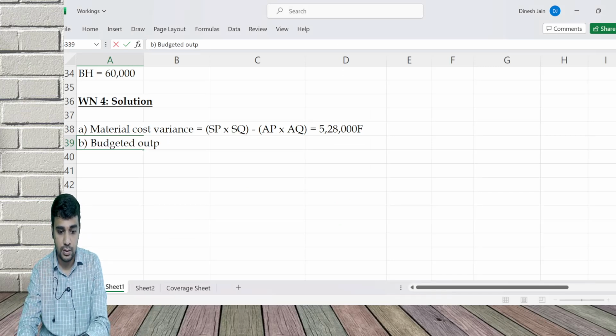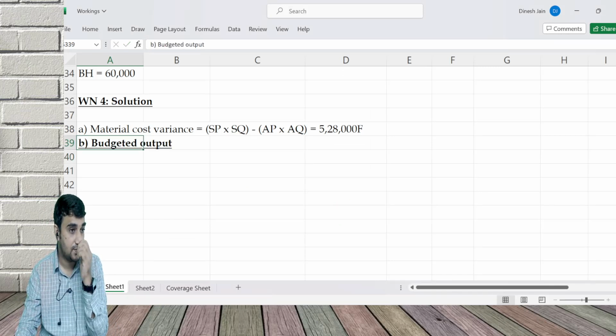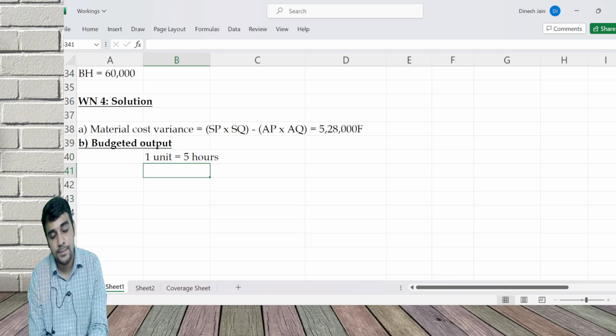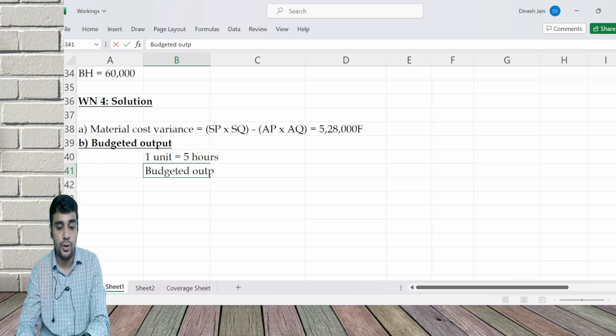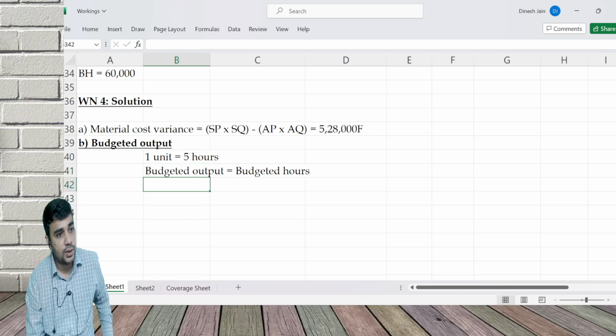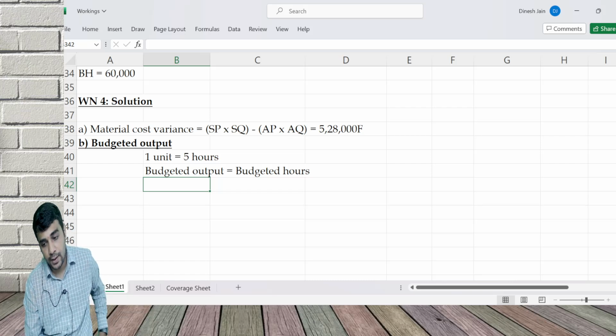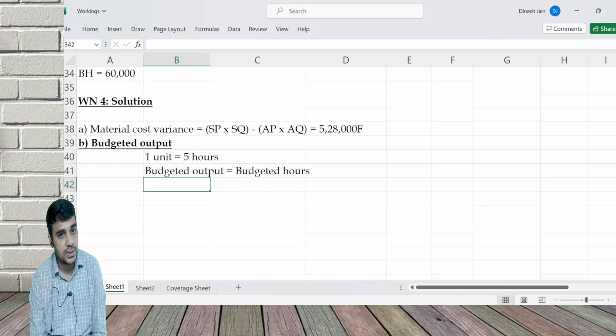Budgeted output. What's the standard equation? Now write 1 unit equal to 5 hours. Budgeted output equal to budgeted hours divided by 5.